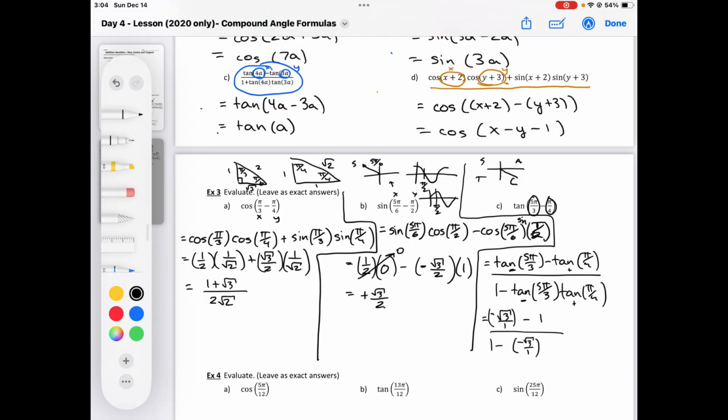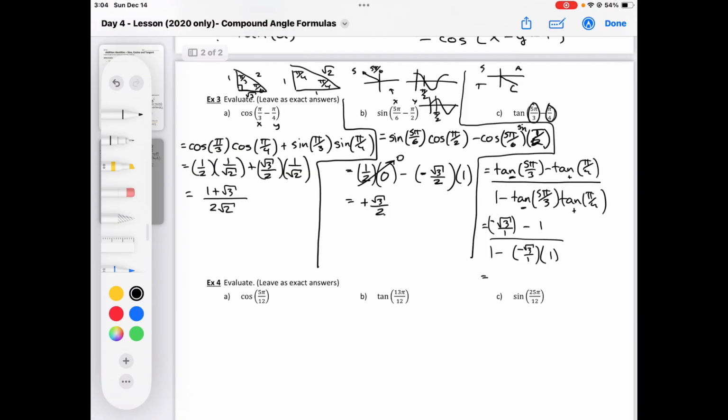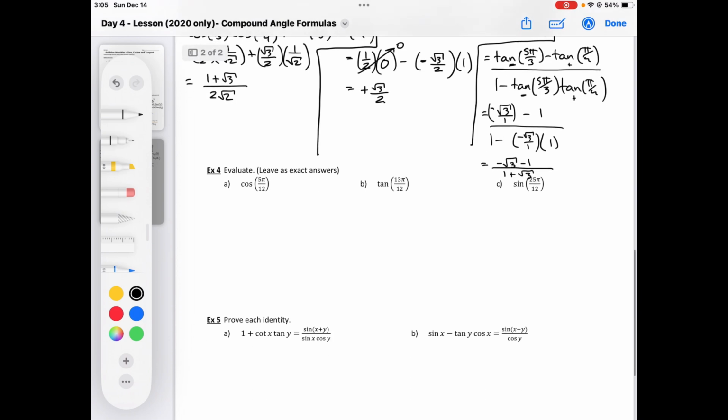This one should also be negative up here. And then I've got tan of pi over 4, which is 1. When I simplify that, on top, I'm going to have minus root 3 minus 1 over 1 plus root 3 to give me my exact value of tan of 5 pi over 3 minus pi over 4.